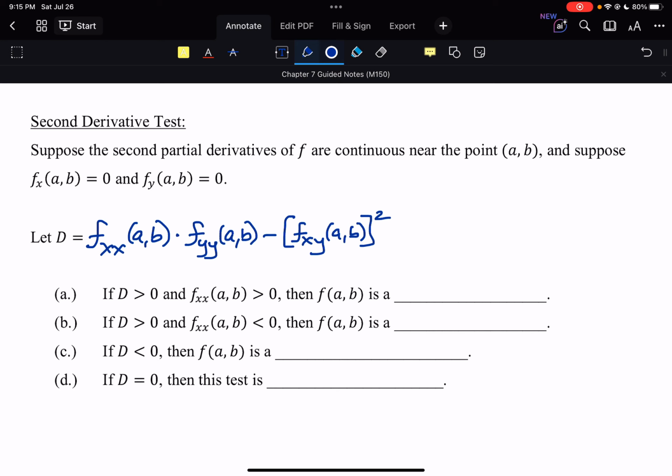So for parts A and B, we have the cases where D is positive.